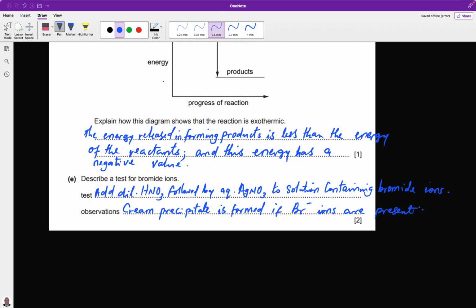So that is all. Add dilute nitric acid followed by aqueous silver nitrate to a solution containing bromide ions. Observation: cream precipitate is formed if bromide ions are present.